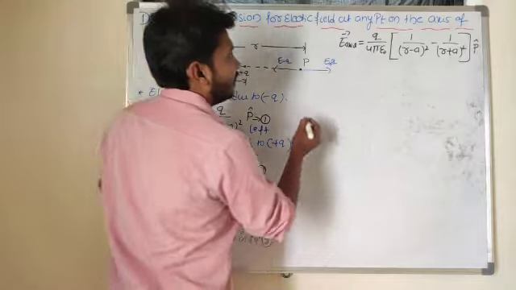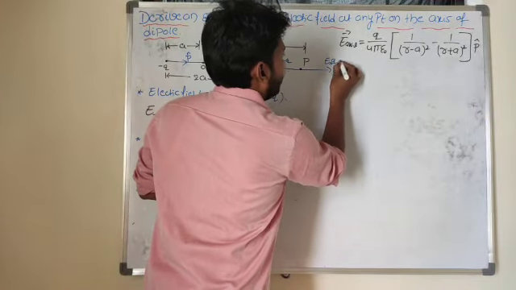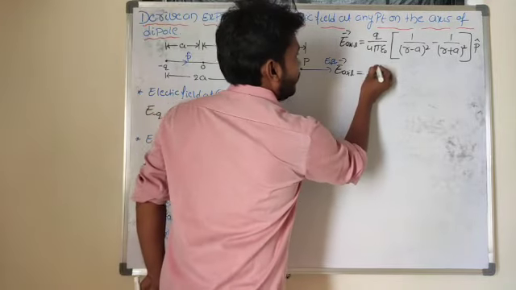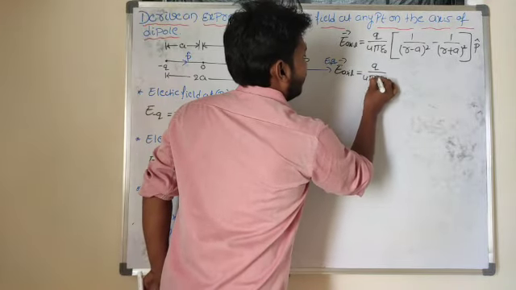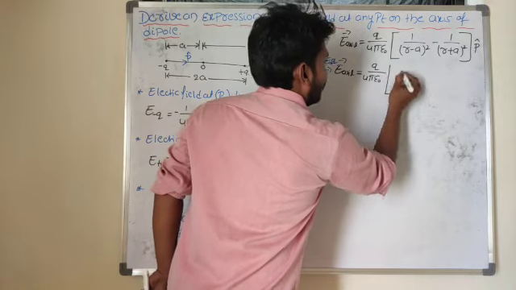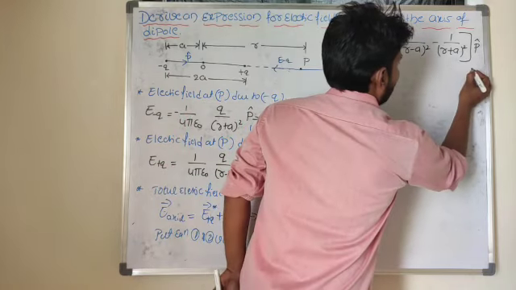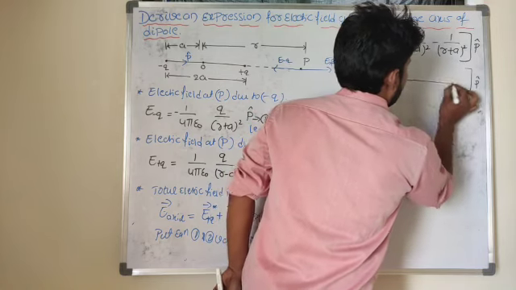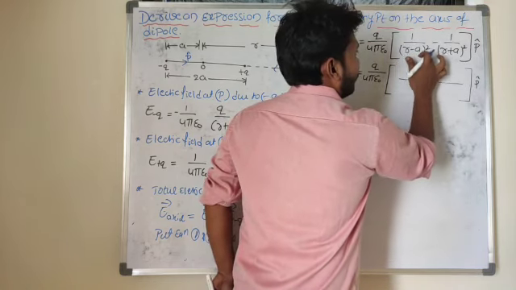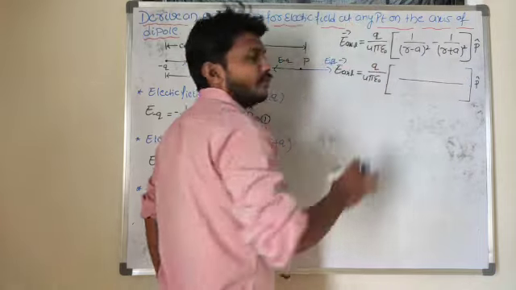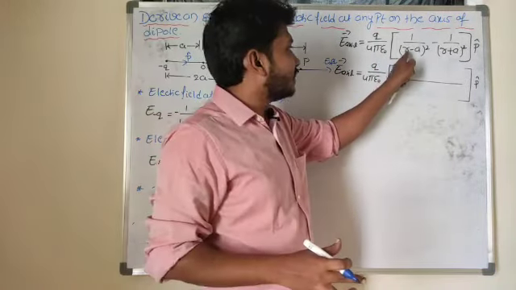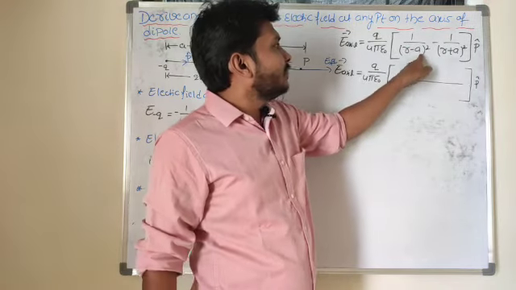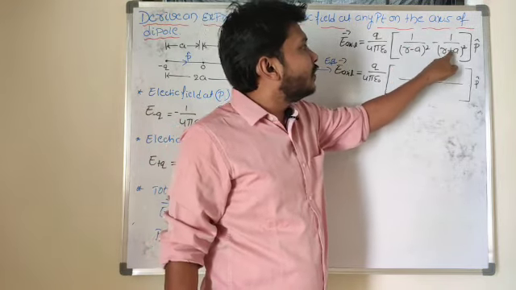If you simplify that equation, look here, the electric field at axial point is equal to q divided by 4 pi epsilon naught. Shall I take the LCM here? Look here, (r minus a) whole square into (r plus a) whole square. You may treat (r minus a) whole square as a, so a minus b into a plus b.